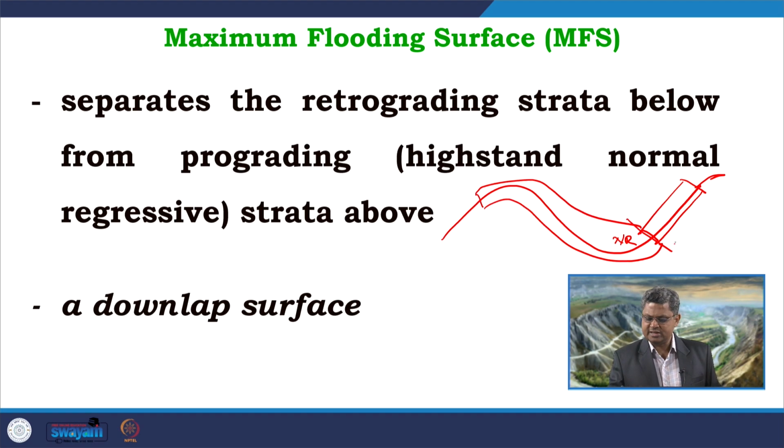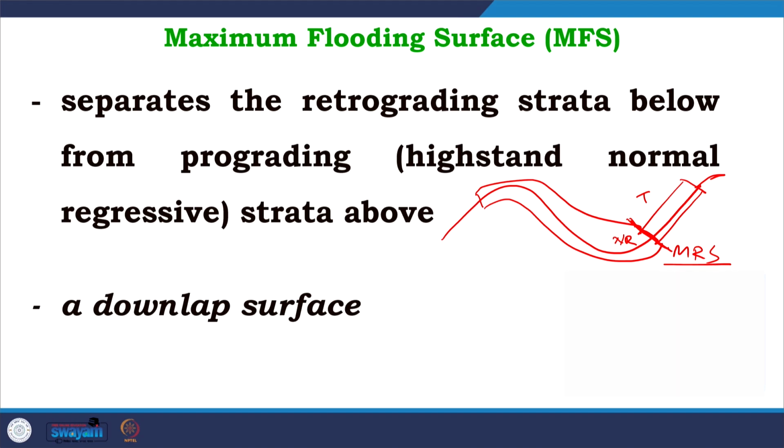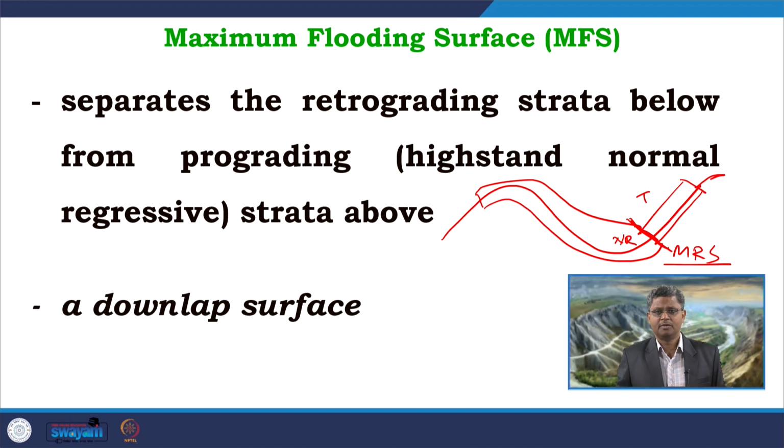This surface, as we saw in the last class, is the maximum regressive surface. After this maximum regressive surface, we get a phase of transgression when the base level rise is more than the rate of sedimentation, and the end of the transgression is the start of the next regression, this point.